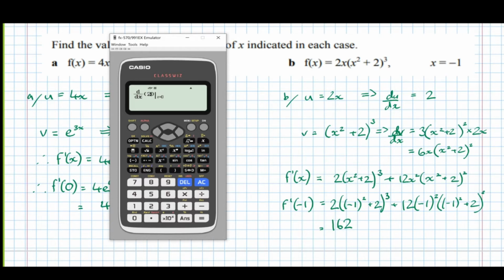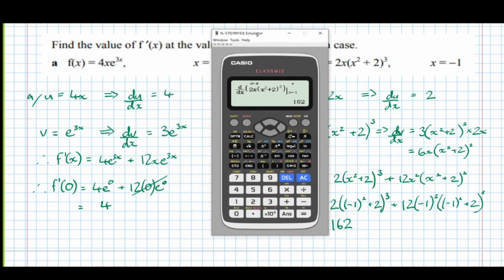So 2x, the x is in the top right hand corner, (x squared plus 2) cubed at x equals -1. Let's see if that's 162. Yeah, it is. But I was right to be suspicious of a quite high number. So it's better to check.